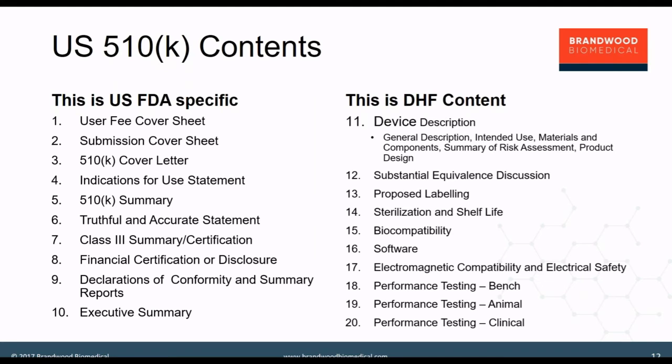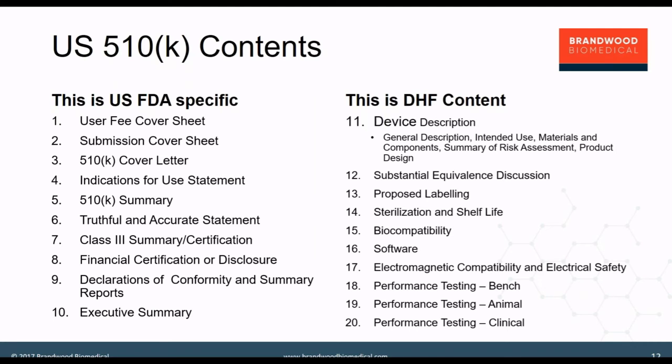So all the information about the design description will be presented in a similar format to what you would have included in your technical file. So this would include intended uses, the main features of the product, the description of the materials and various components which are incorporated as part of the product, summary of the risk assessment, and some of the main considerations as part of the design.